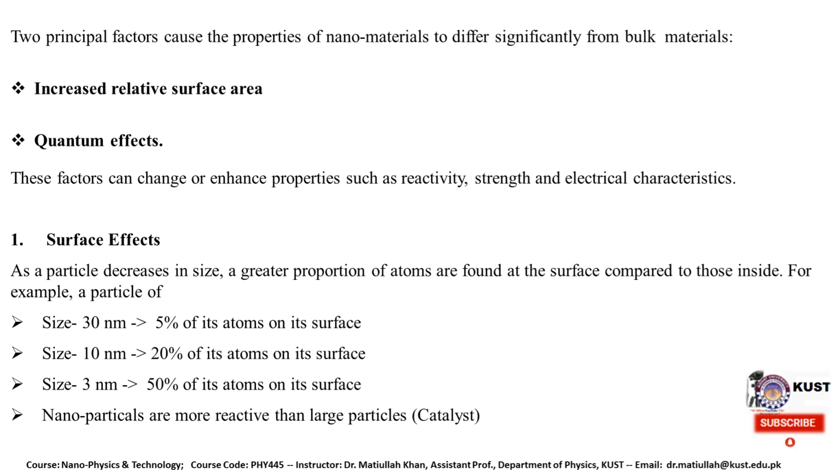If we go toward lower size particles, around 10 nanometers, around 20% of its atoms are on its surface. In the case of 3 nanometer particles, 50% of atoms are at the surface.